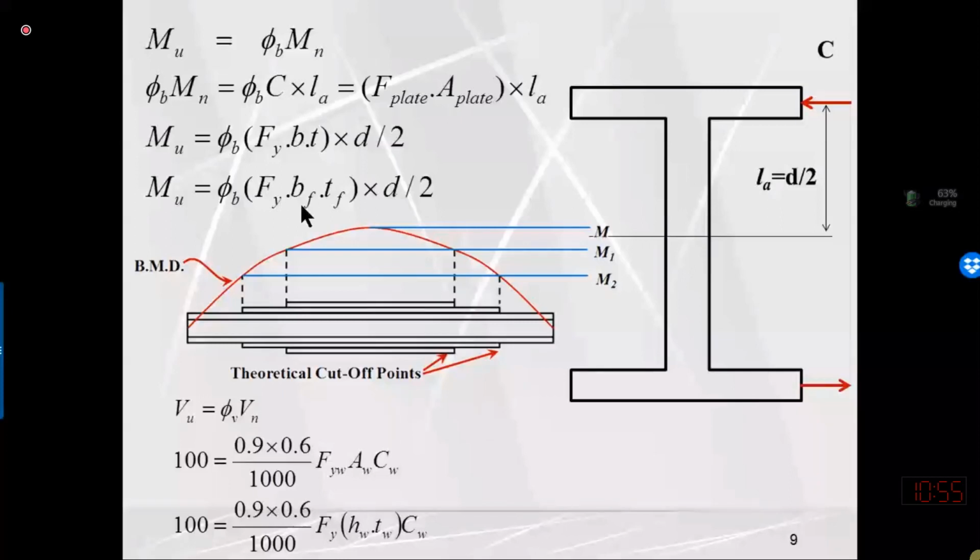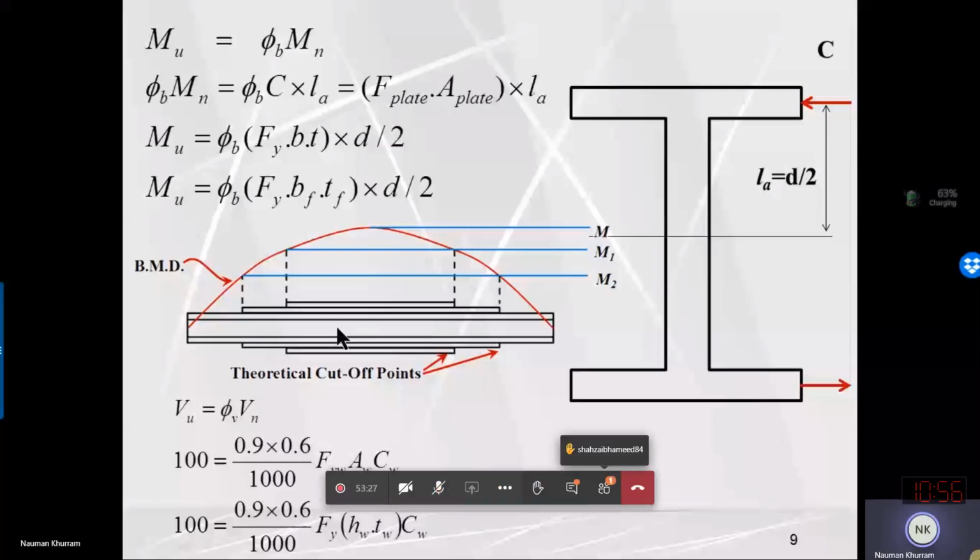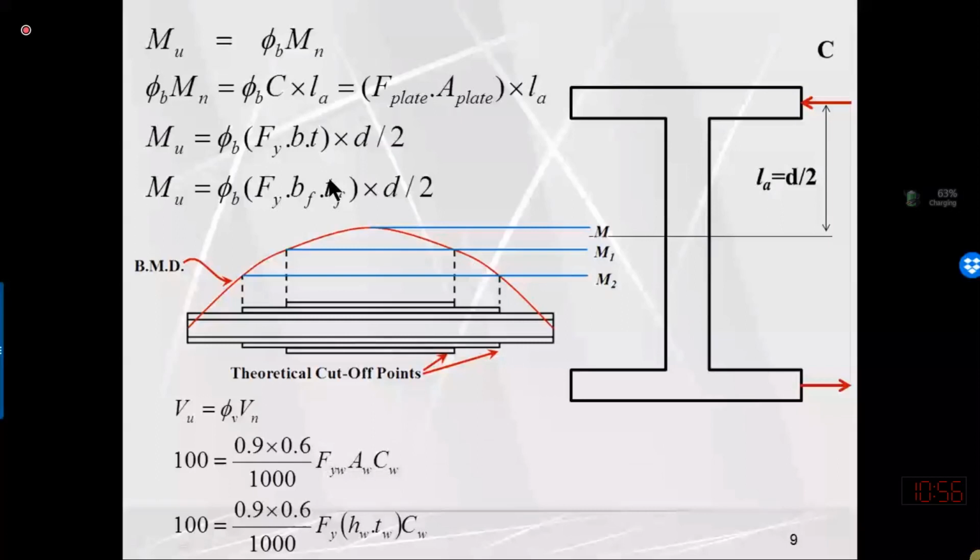Suppose we keep the depth of the plate girder constant throughout the length and the width of the flange constant, then we can reduce Mu to M1 by reducing the thickness of the flange. So we require a greater thickness in the middle, and at this section we can reduce the thickness. That's why here we have used three plates, and at this point we have used two plates. Similarly, at the point where the moment is M2, we can further reduce the thickness of the flange.